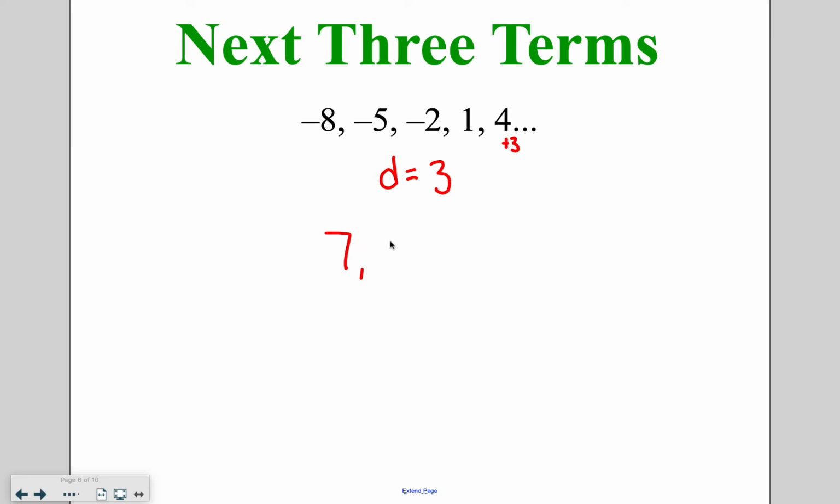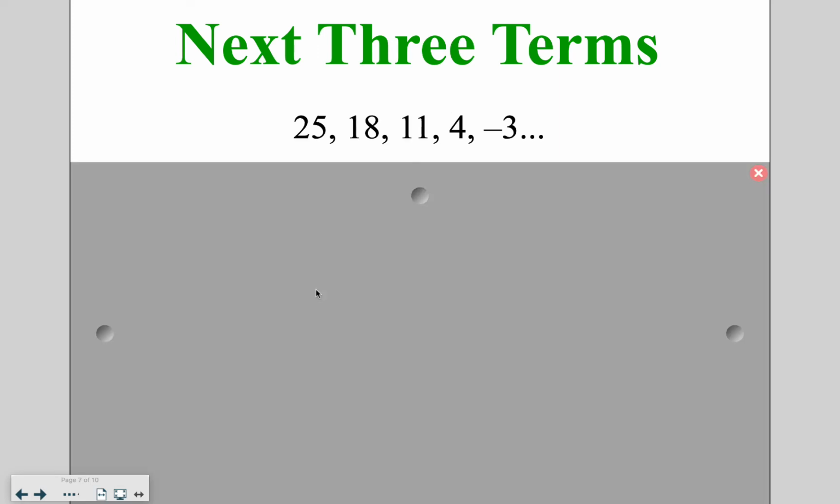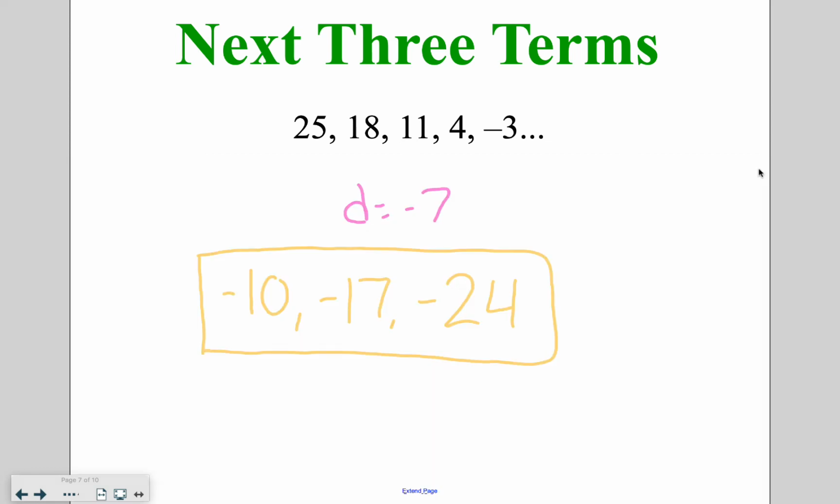Then I would do 7 plus 3, which would give me 10. And then I do 10 plus 3, which would give me 13. So my next three terms would be 7, 10, and 13. Go ahead and find the next three terms for this sequence on your own. Subtracting our 7, we get negative 10, negative 17, and negative 24.